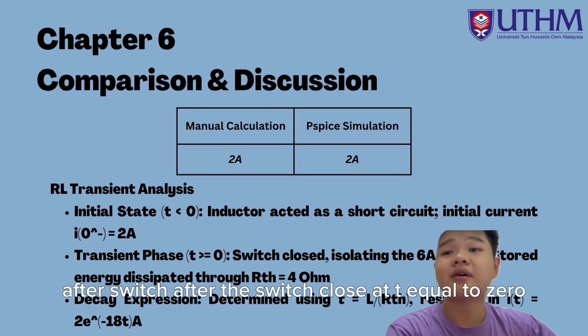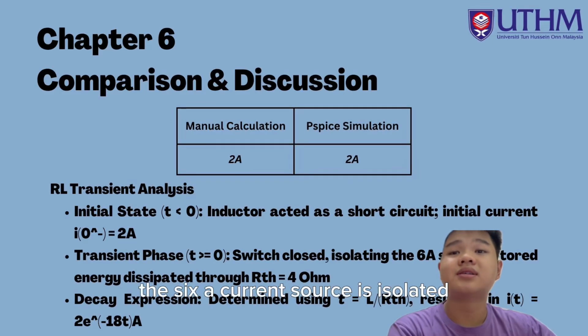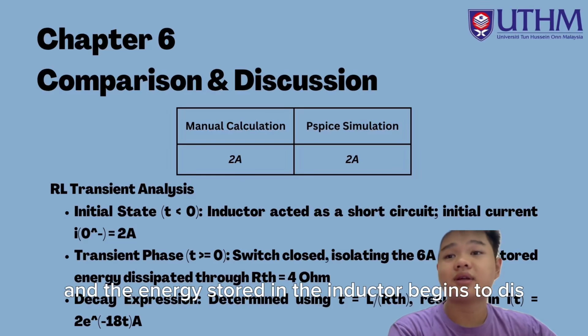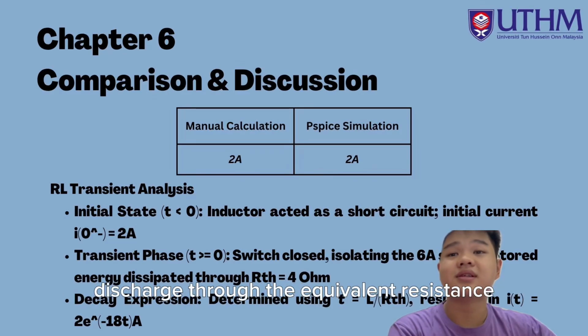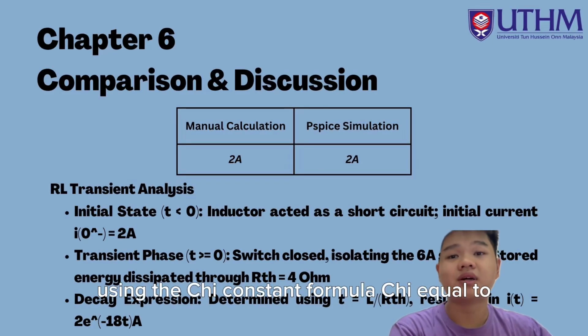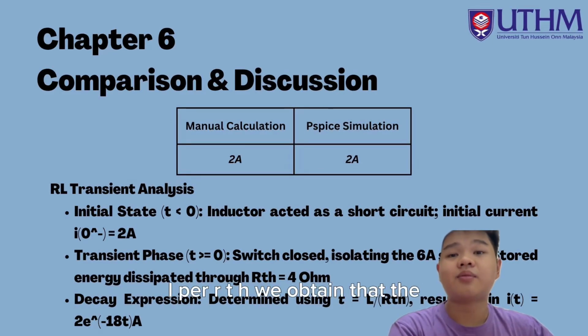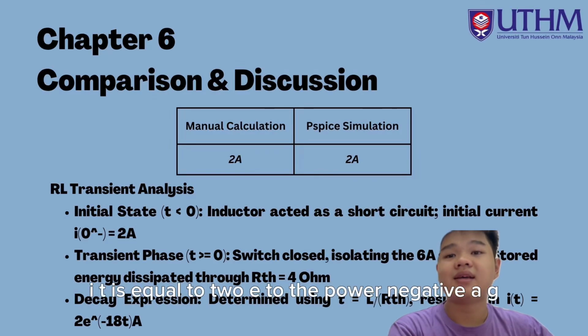After the switch closed at t equal to 0, the 6A current source is isolated, and the energy stored in the inductor begins to discharge through the equivalent resistance. Using the time constant formula tau equal to L per RTH, we obtain that IT is equal to 2e to the power negative 18t amperes.